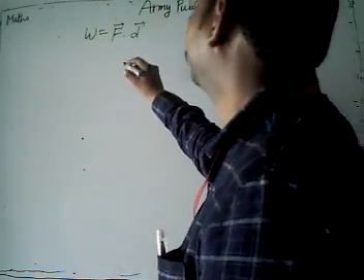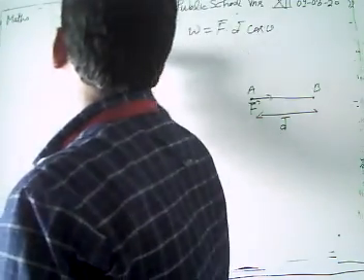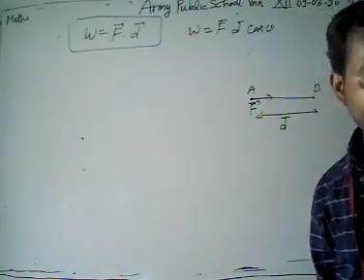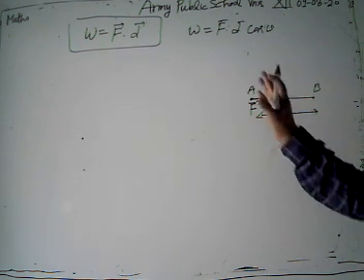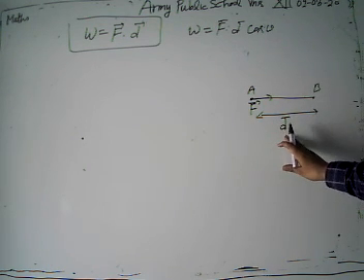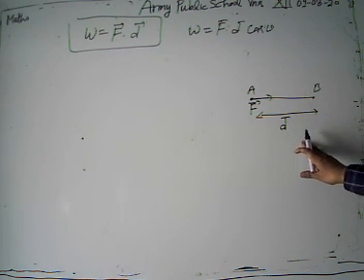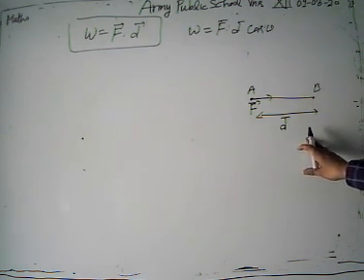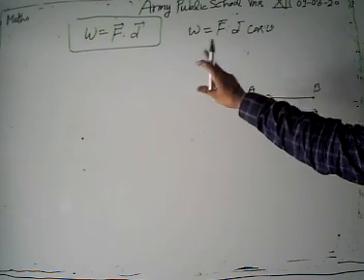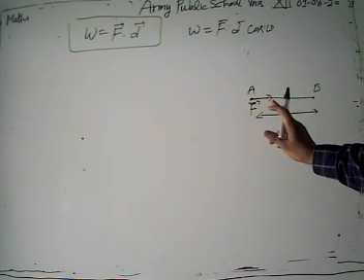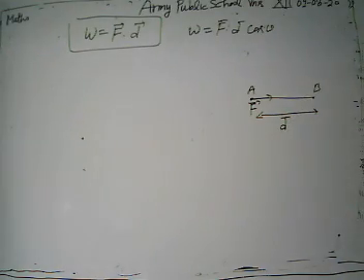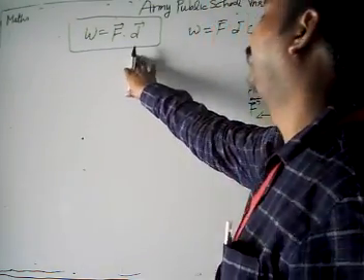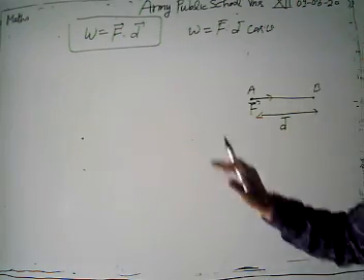Generally, the work is said to be done if the particle undergoes a displacement by the action of a force, and it is measured by the product of the magnitude of force and the distance. Then we can define our work done by force vector F, magnitude of our force F, and displacement.